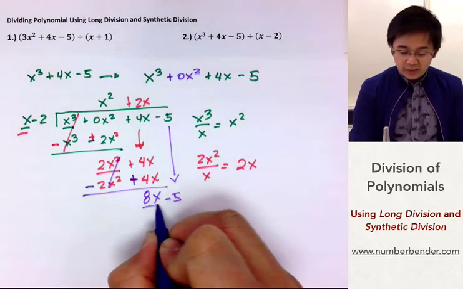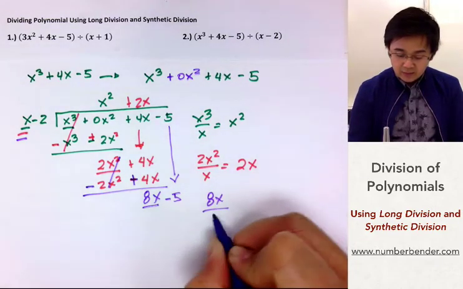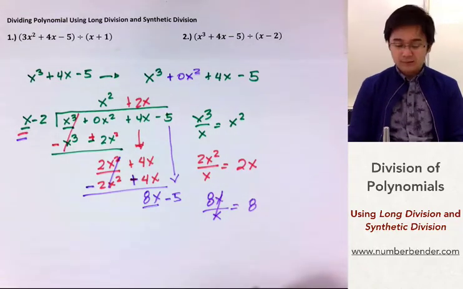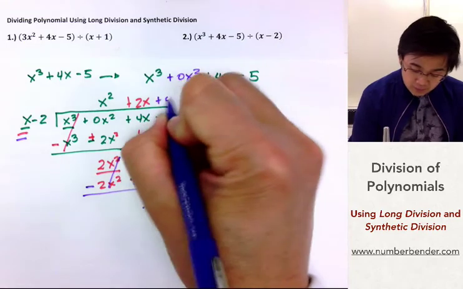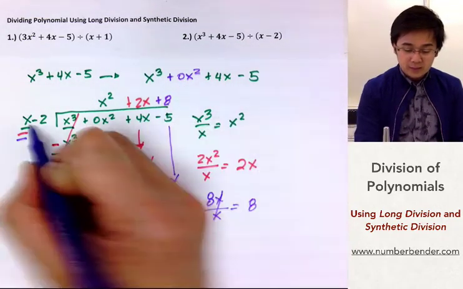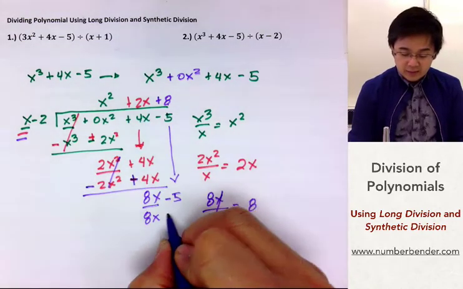So we'll focus on 8x again divided by x. So I have 8x divided by x, and this cancels out, leaving me with 8. So 8 will be in line with our constant. So we have positive 8, and then we multiply it back to x minus 2. 8 times x is 8x, and 8 times negative 2 is negative 16.